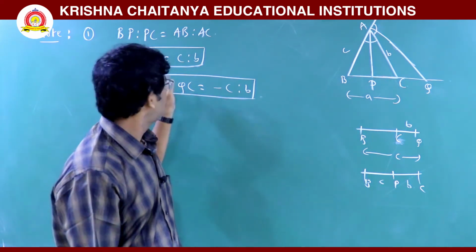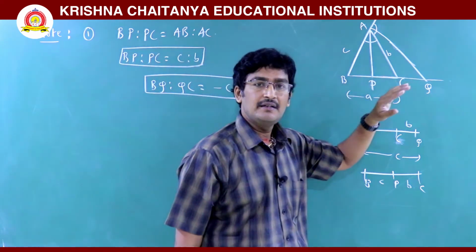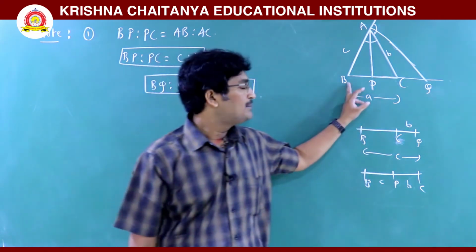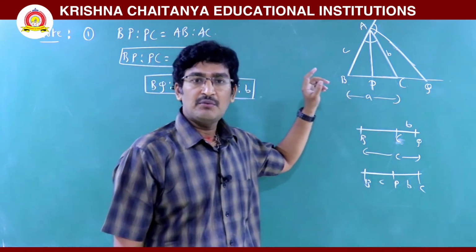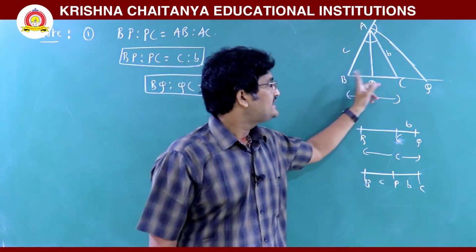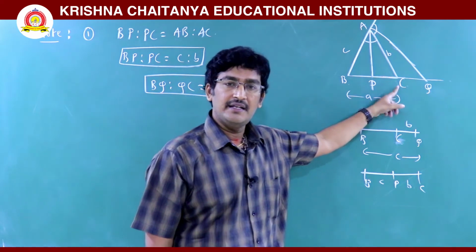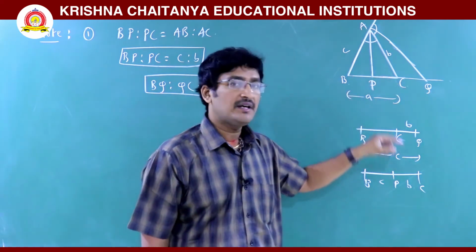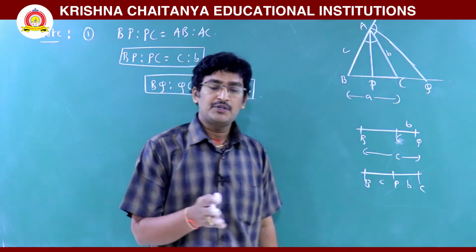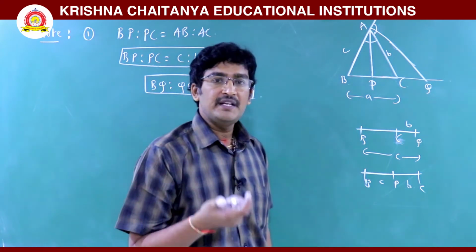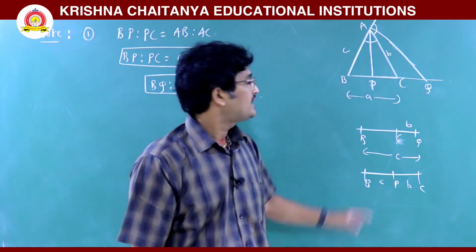You know, what about P and Q? About this line, the points P, Q are called harmonic conjugates of the line BC bar. What is the definition of harmonic conjugate points? If the point P divides BC bar in the ratio m is to n internally, and on the same line Q is located such that Q divides the same BC bar in the ratio m is to n, but Q lies outside of the line BC bar, then those two points P, Q are called harmonic conjugate points of BC bar.